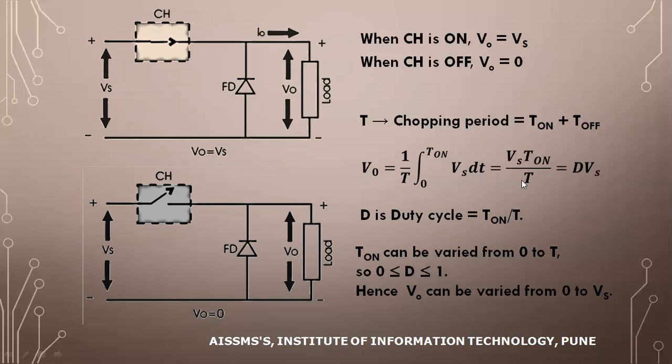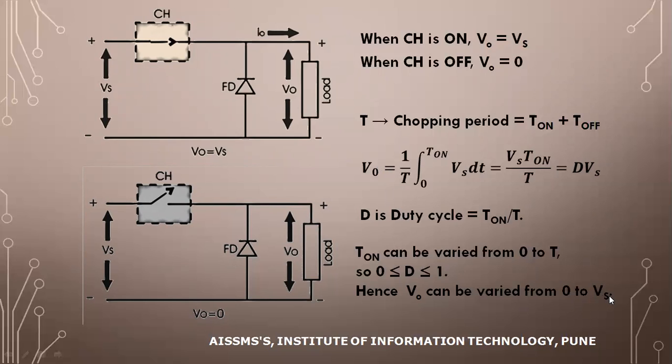Now, in this equation, we can vary T on from 0 to total chopping period T. As we go on varying T on from 0 to total chopping period T, the duty cycle also gets varied from 0 to 1. And with this, the output voltage will also get varied from 0 to Vs.